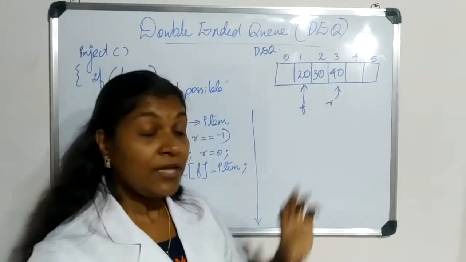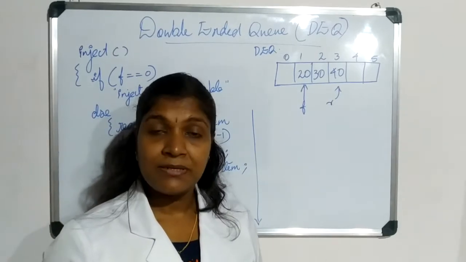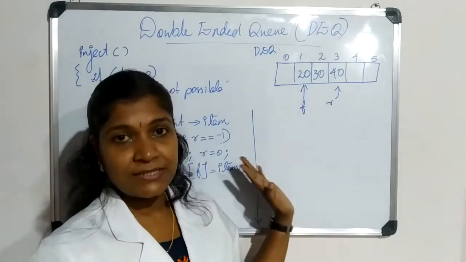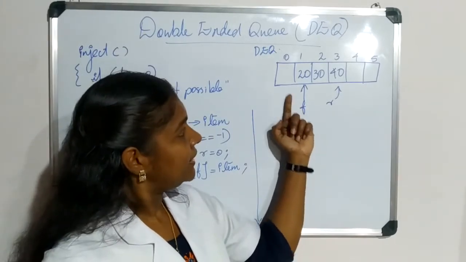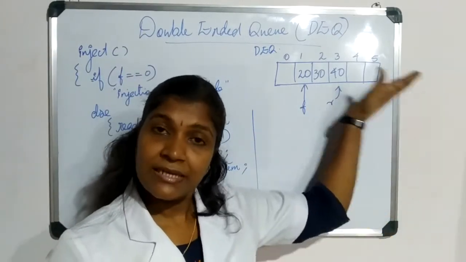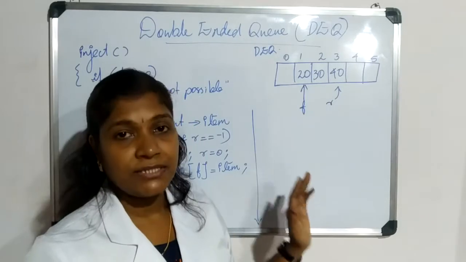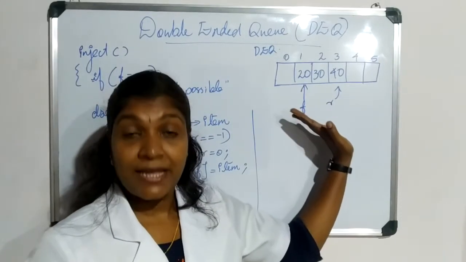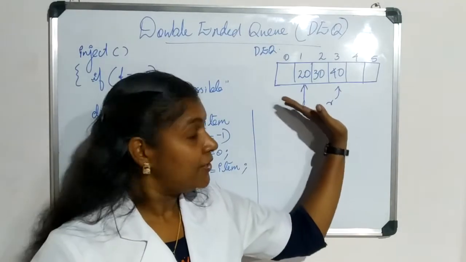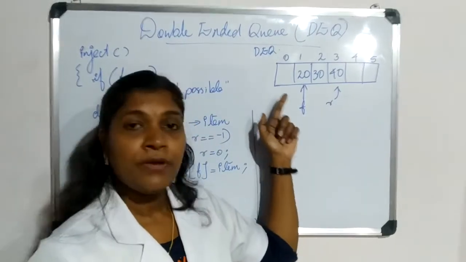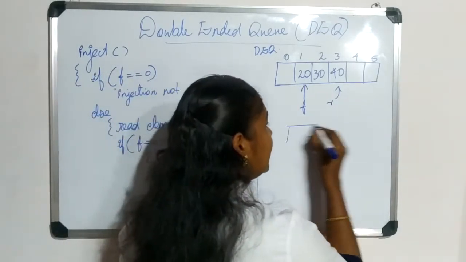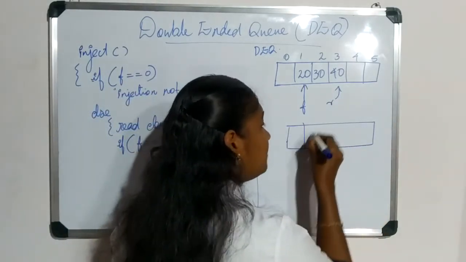Then, if inject is possible, there are two cases. One case is that F is pointing to some location in the array other than 0, that is, insertion into a non-empty deck through the front end. Then another condition is insertion of an element into an empty deck.